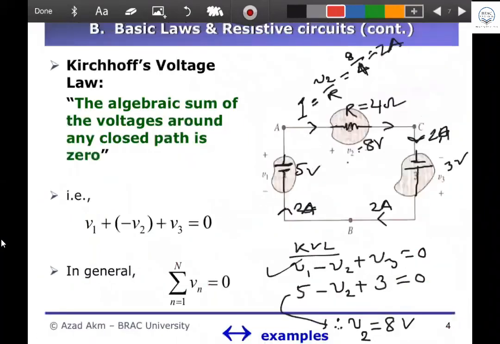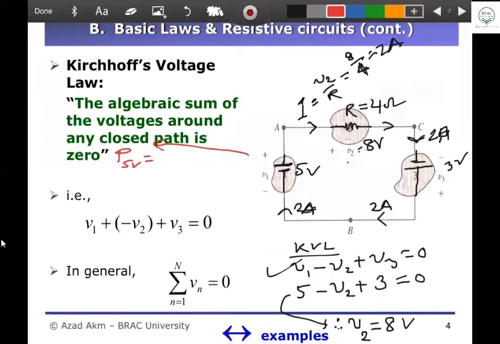Now, in this case, look at it very carefully. I'm talking about the power conservation rule here. This is one battery, right? P delivery, the 5 volt battery power. How many batteries here? 2 batteries, 1 resistance.